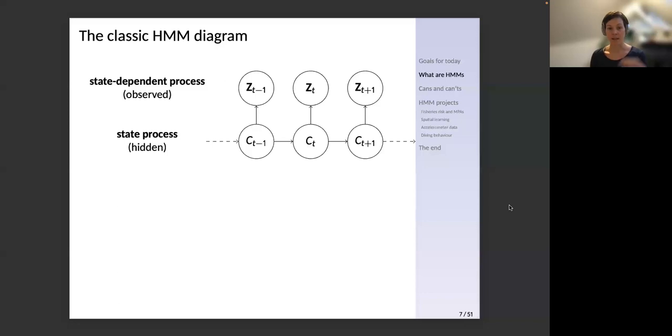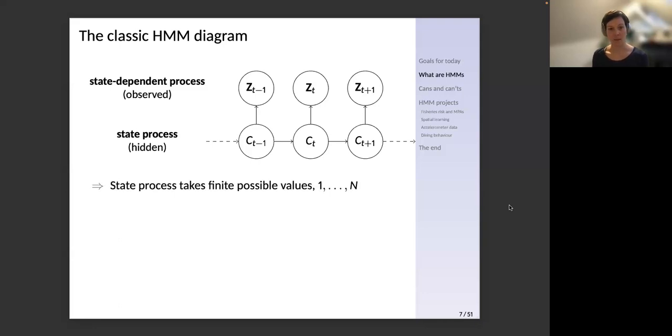And in the lower process, where I've denoted them with Cs, that is the state process, and that's hidden. So that's the process we typically want to know about, but don't know. So all we have are the observations, and we use this model structure to make inferences about the underlying states.